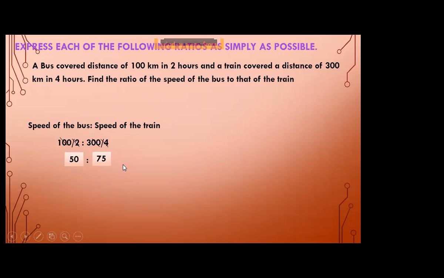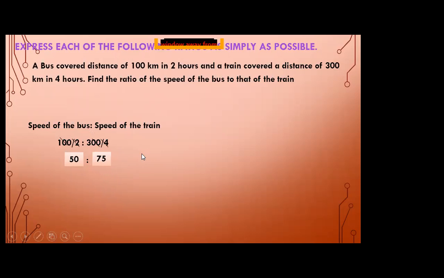Now 50 ratio 75. Here 25 twos are 50 and 25 threes are 75.